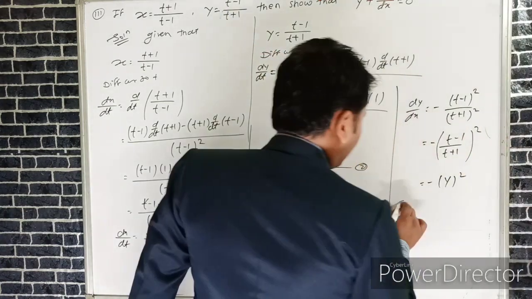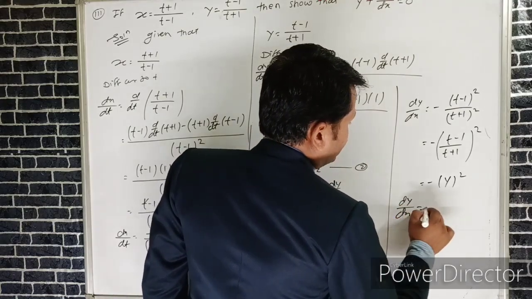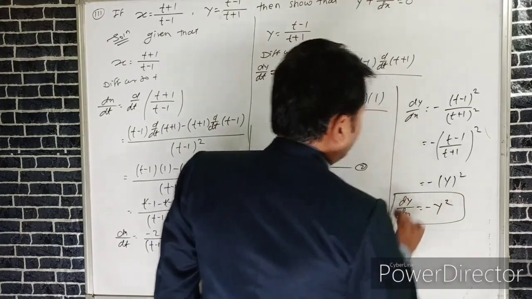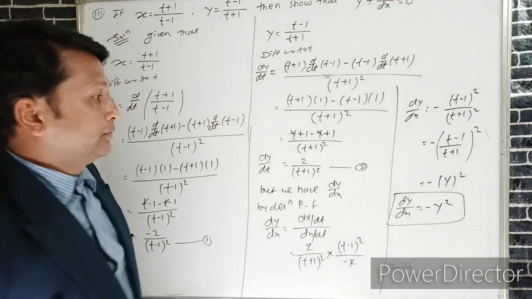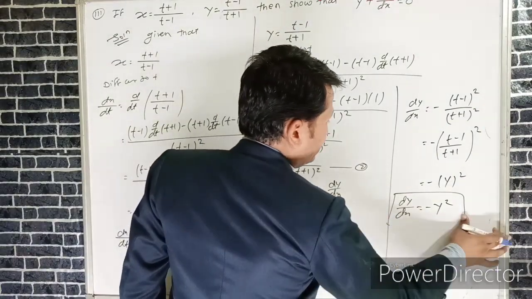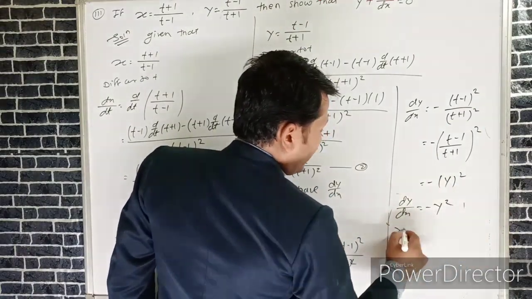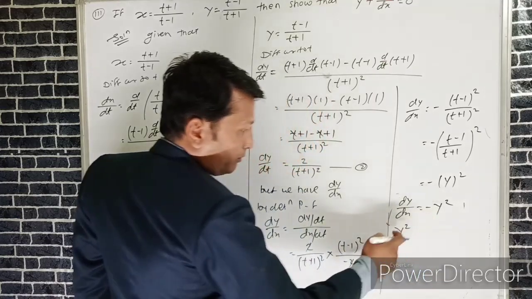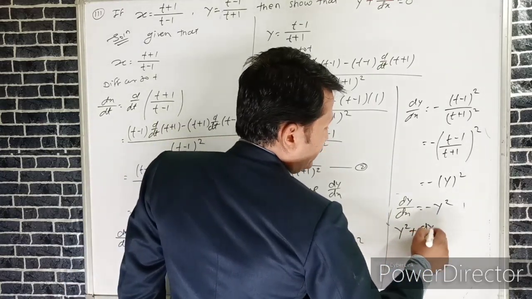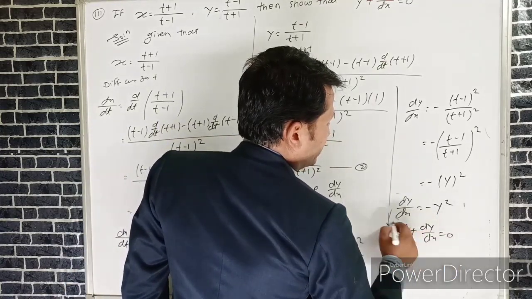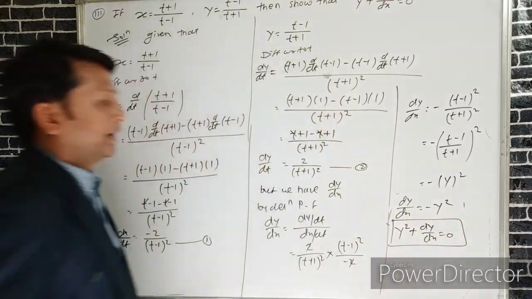Hence we can prove that dy upon dx is equal to minus y square, which is the required proof. If we take this minus y square to the left side, it becomes y square plus dy by dx is equal to 0. Hence proved.